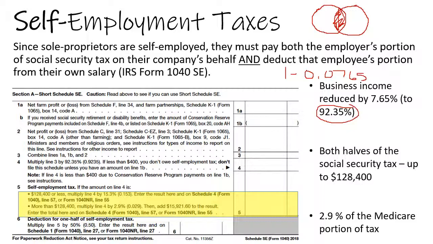If this amount is greater than $128,400, the employee pays both halves of the Social Security tax. Regardless of the amount of the adjusted income, the employee pays 2.9% of the Medicare portion of tax. And if this pass-through income is greater than the Medicare withholding threshold that was passed under Obamacare, they're also subject to the 0.9% additional medical care tax.